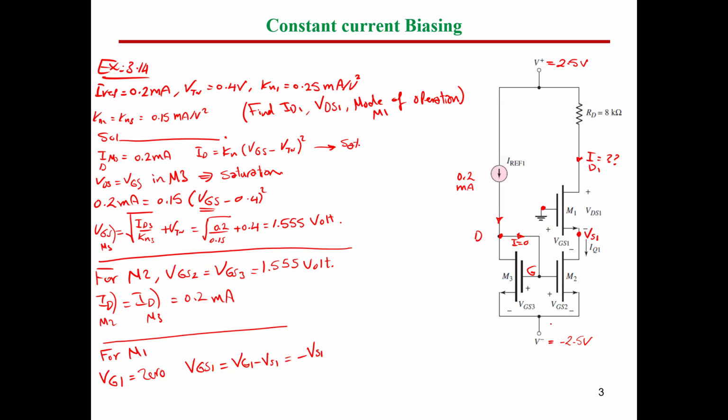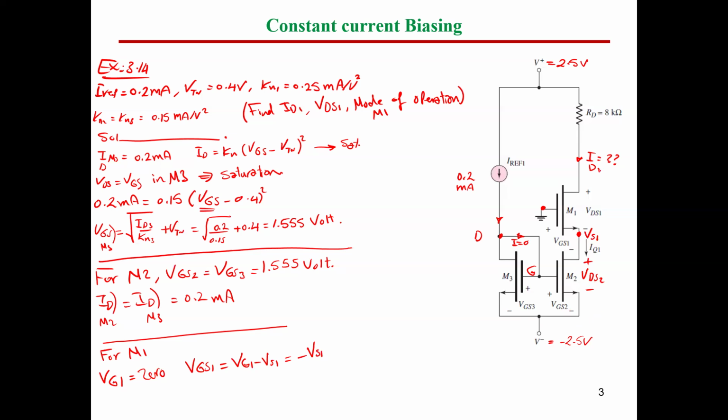So you know that VDS2 is here. You have VGS2. You have the current flowing.